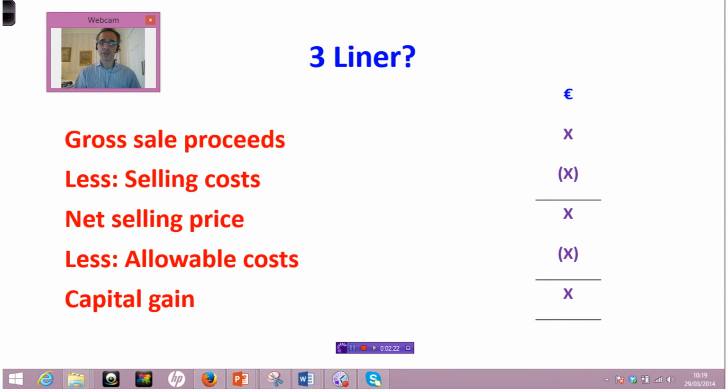Now, the big one is going to be the original cost, in other words, the historical cost of the asset. But over and above that, you may well have some costs associated with the purchase of the asset. Again, look out for the word fees, things like valuation fees or perhaps estate agent fees, that type of thing. So although this is slightly more than 3 lines, you'll see the principle is the same. Proceeds less cost equals gain.